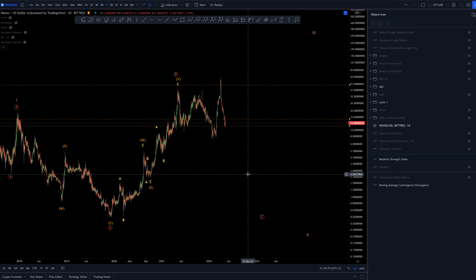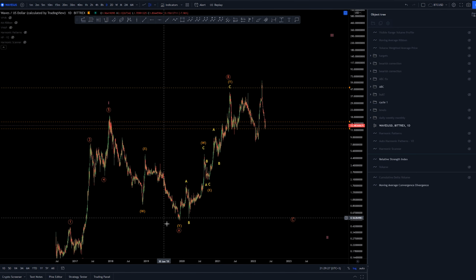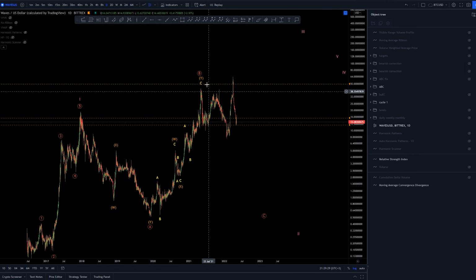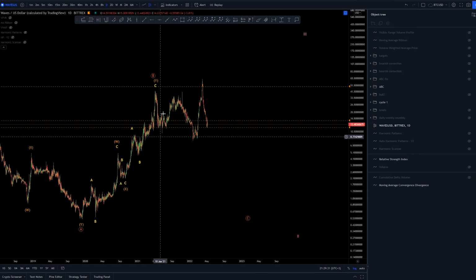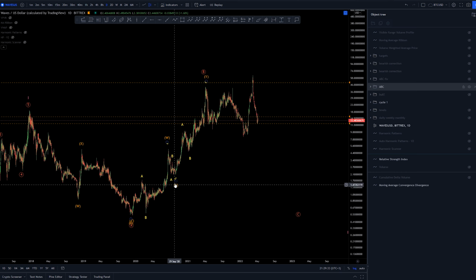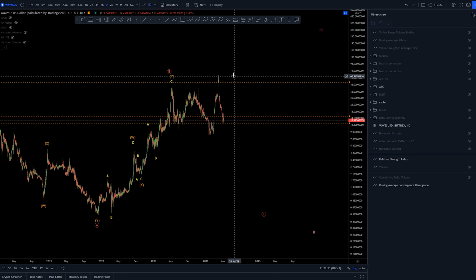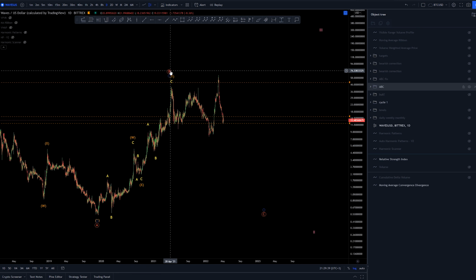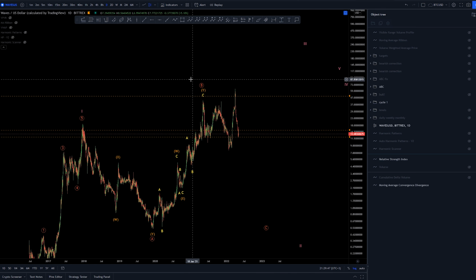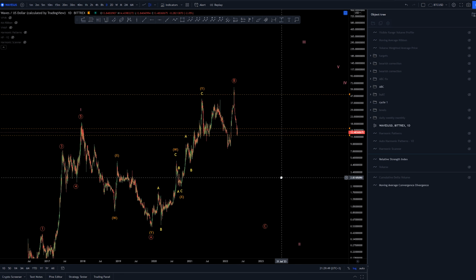We had this presented before, where we had WXY into A, somehow making this really bullish structure into WXY, and now we have even crossed a higher high here, so this can't be a B wave. If we still want to look at this as bearish on the higher time frame, we would be looking at something like this B here.